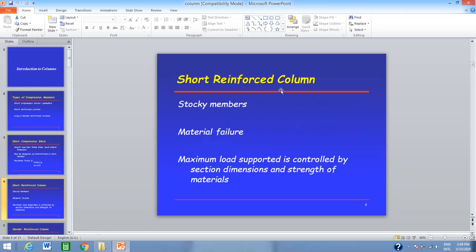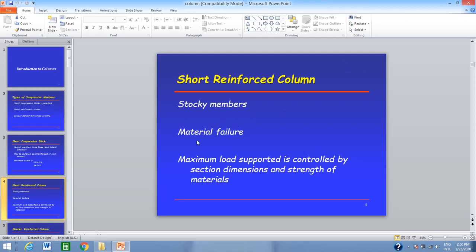Now the short reinforced column, or you can call it the short column. We can define a short column as one where the length of the column divided by the least lateral dimension is less than 12. A short reinforced column is a stocky, compact member.